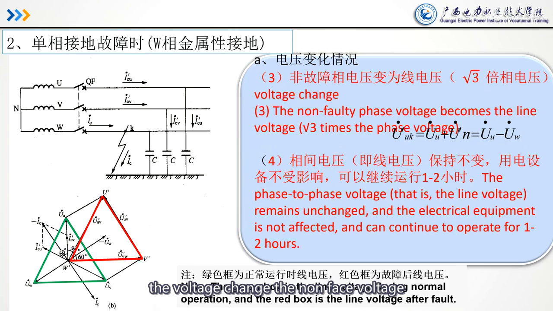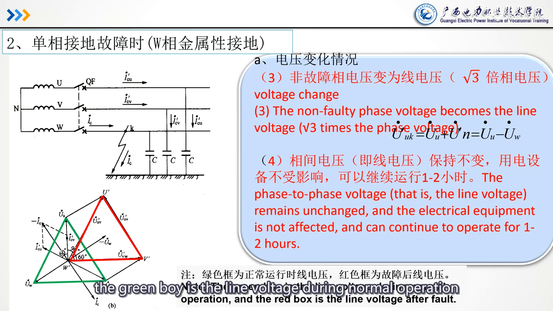The voltage change: the non-faulted phase voltage becomes the square root of 3 times the phase voltage, that is, the line voltage. The phase-to-phase voltage, which is the line voltage, remains unchanged, and the electrical equipment is not affected and can continue to operate for 1 to 2 hours.